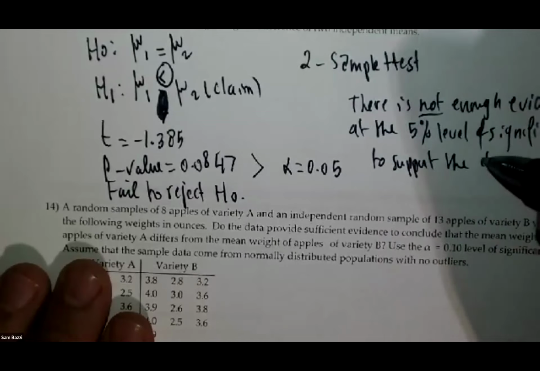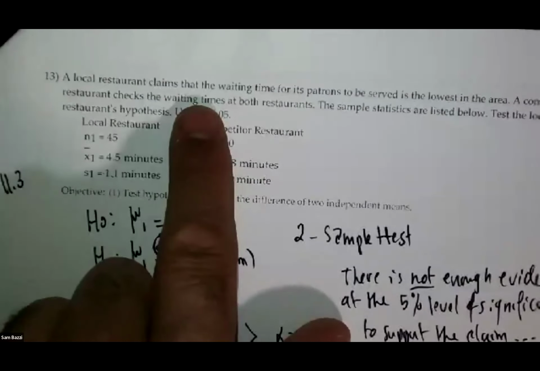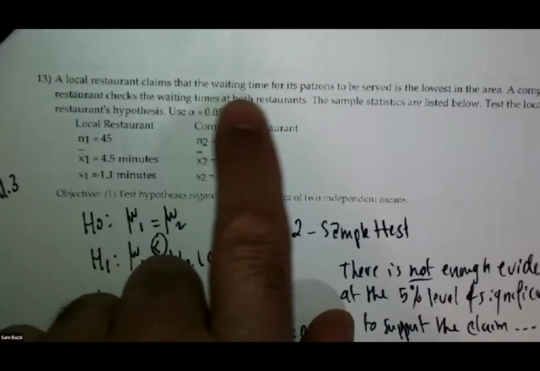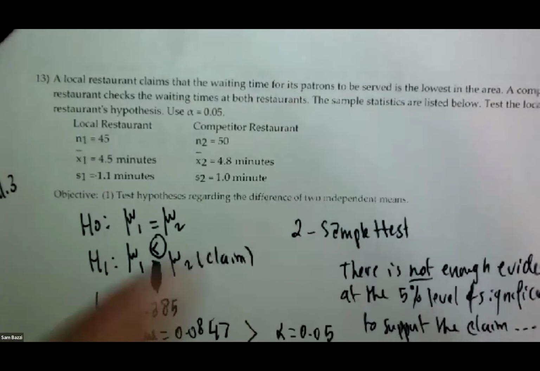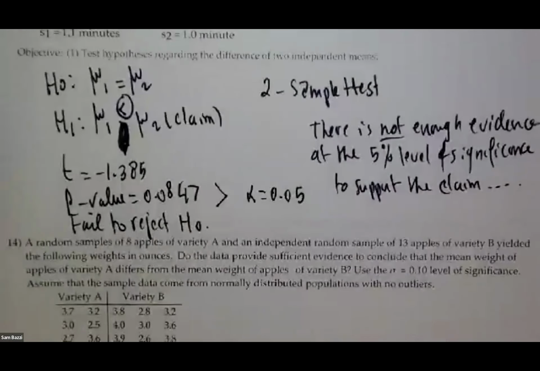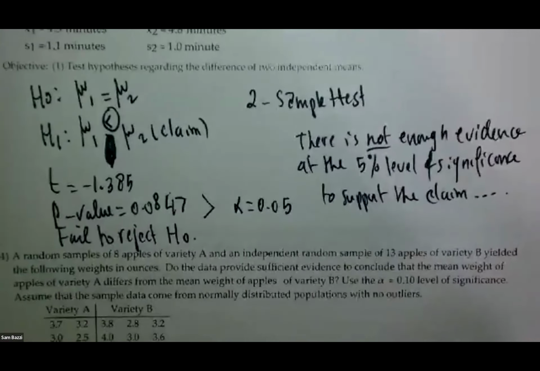I'm not going to write it down, but you write it down. Just copy and paste, guys, that the waiting time for the restaurant patrons to be served is the lowest in the area. That's it.